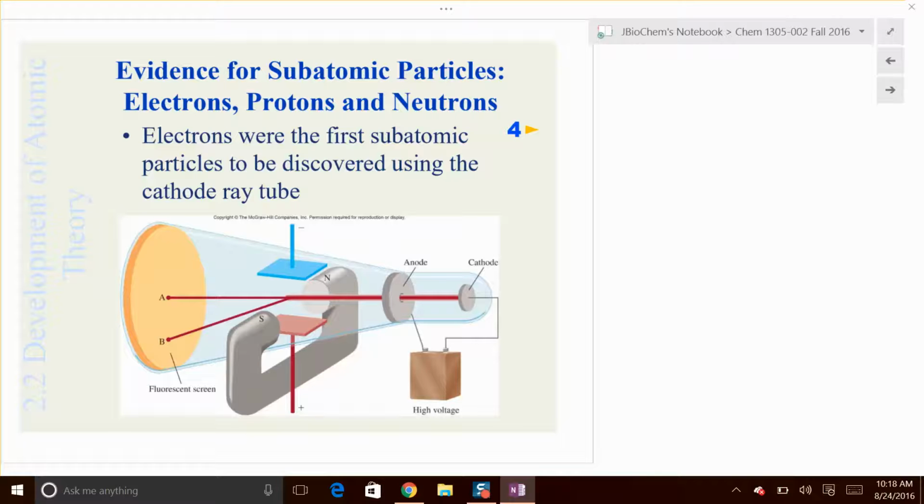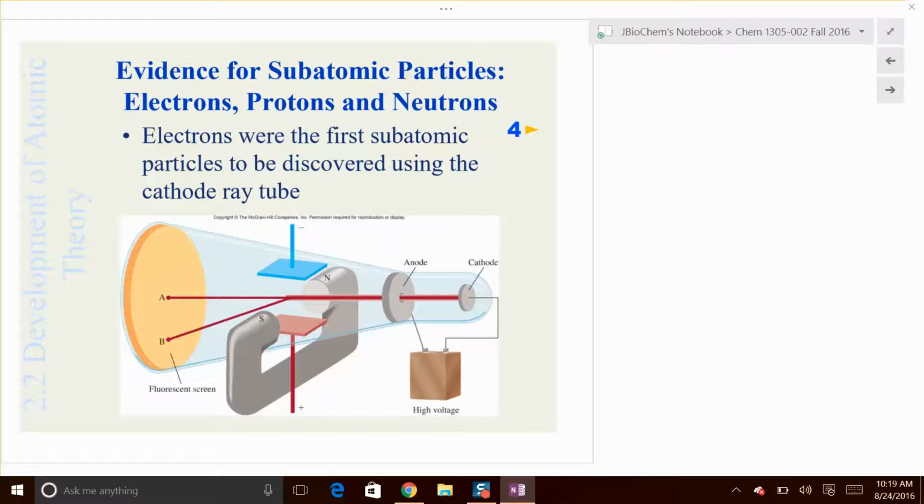And it's pulling those particles, whatever they are, he doesn't know what they are, through that ray tube as a beam. And you can actually see that beam in this ray tube. So he shoots those atomic particles through here. And then he has these 2 plates and a magnet. Here's a positive plate. Here's a negative plate.